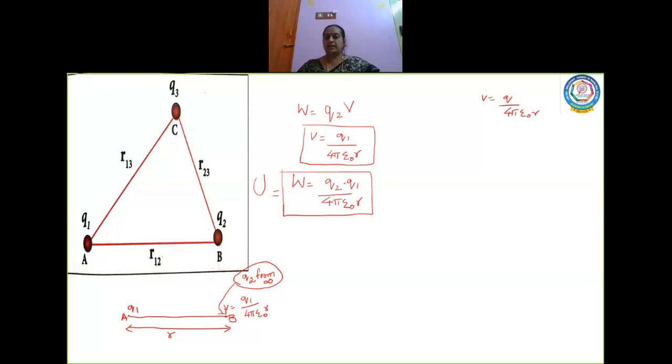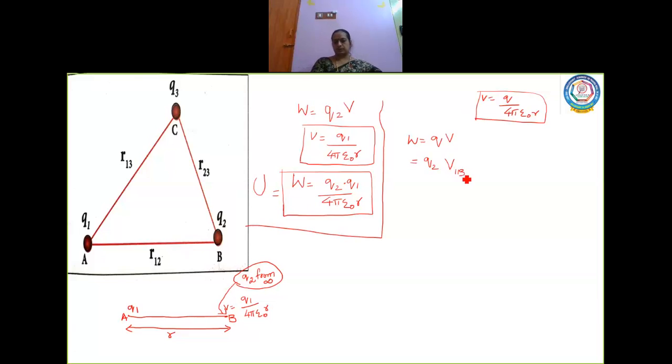So, work done will be, let this be a separate topic. Now, I will start here. Let this formula be as such. Now, what is the work done? Work done will be the general formula Q into V. Here Q is Q2, into the potential at B due to the charge Q1.